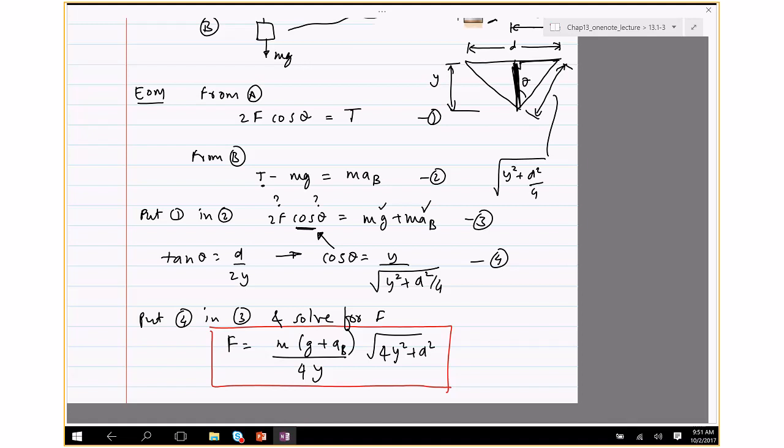It's d squared divided by 4 because it comes from here. It's d, sorry.